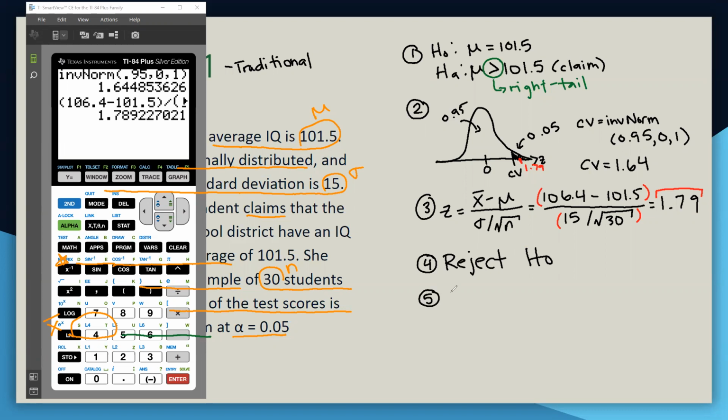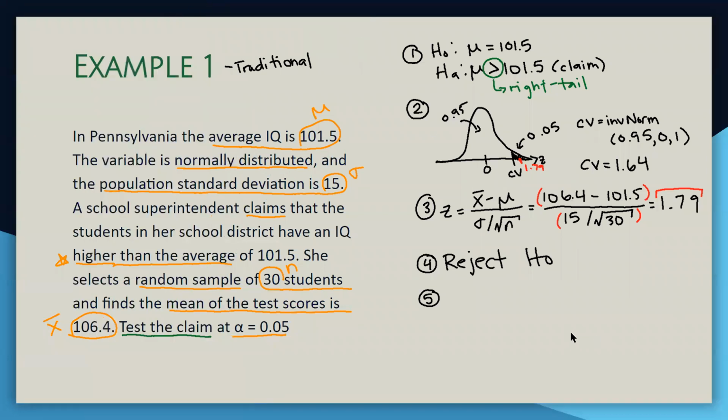So step 5 is where we write our sentence. We're going to take all this information and summarize it. So first, I happen to know from that previous table that we saw, when I reject the null, I'm talking about there is enough evidence. So that's how I'm going to start my sentence.